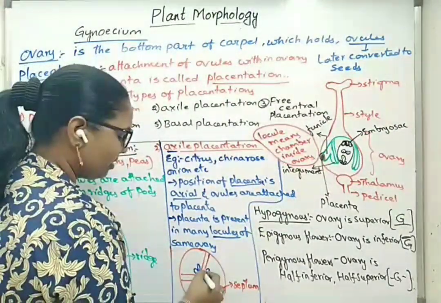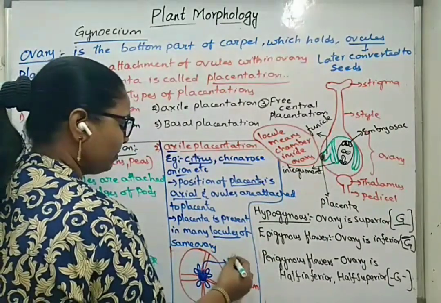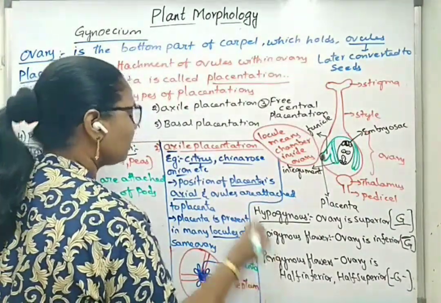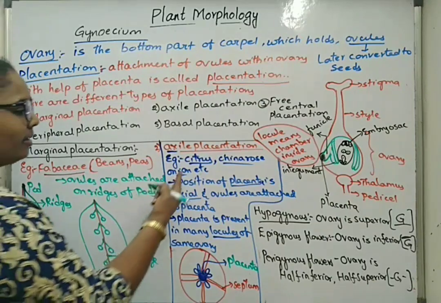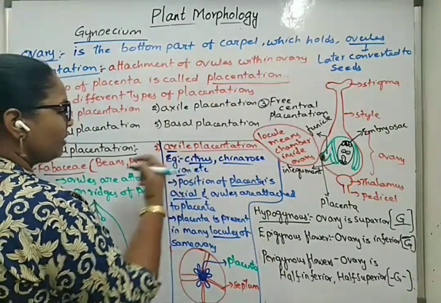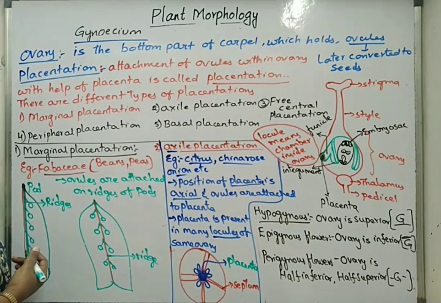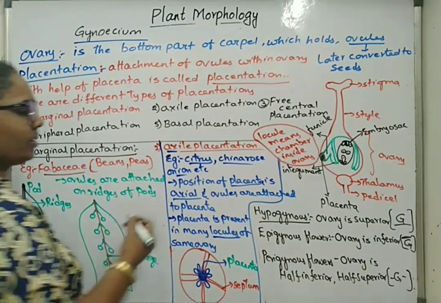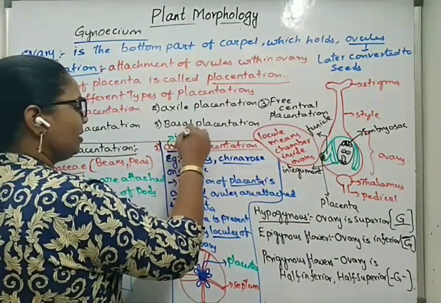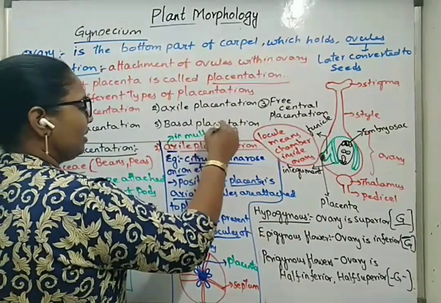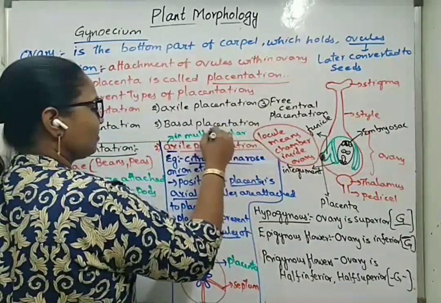So this is placenta. So here we can say the citrus, china rose, onion, or axial placentation, this type of placentation is seen in multilocular ovary. Axial placentation in multilocular ovary.